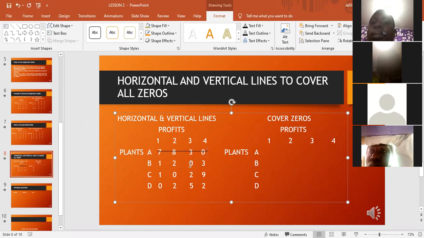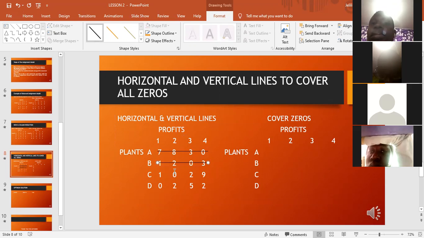Now this is the second one. Let's cover the second one. Yes, we have covered the second one, and we have two left. We have this and this left. So let's cover the third one.